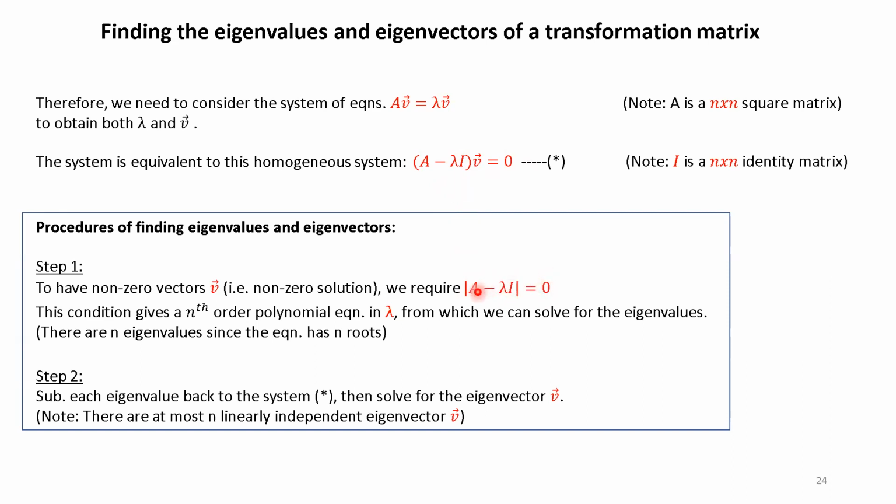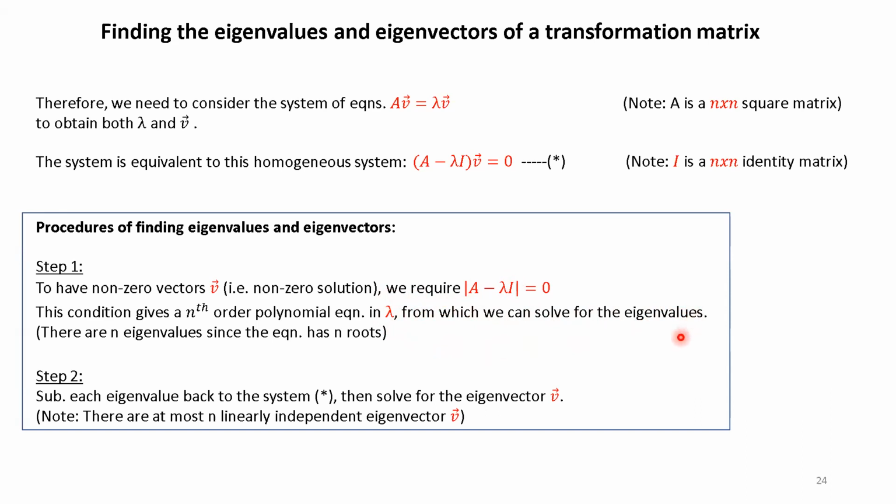If you set this determinant to be 0 and expand it, you will find that this is an nth order polynomial equation in lambda. If you have an n by n matrix A, it's lambda to the n plus something times lambda to the n minus 1 and so on equals 0.